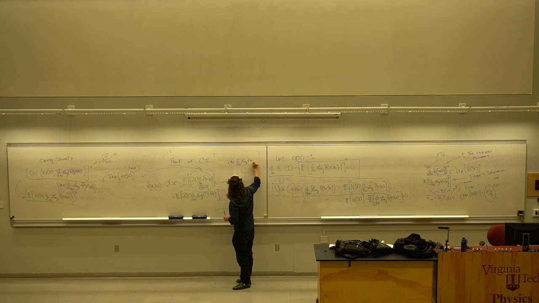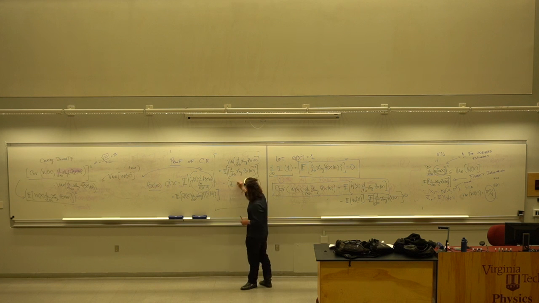I'm going to rewrite this for you. This is going to be the expected value of d d theta log f of x given theta, squared, minus the expected value, and that expected value is going to be squared, of the derivative d d theta log likelihood.